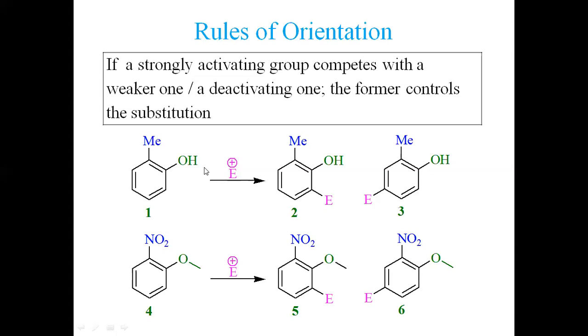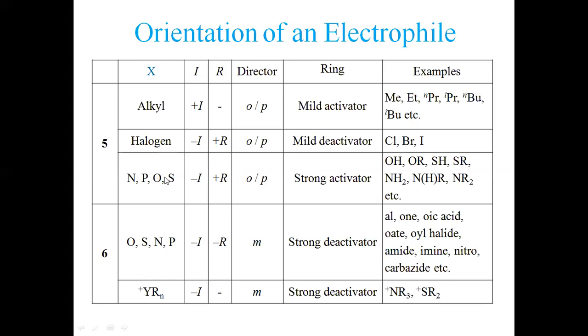These two are present at this position, right? Now OH, if you remember, just go back to the slides. If OH is present, oxygen, just like this, is strongly activating. If you have an alkyl group, this is a mild activator. This is activating to a small extent, and this is activating to a strong extent.